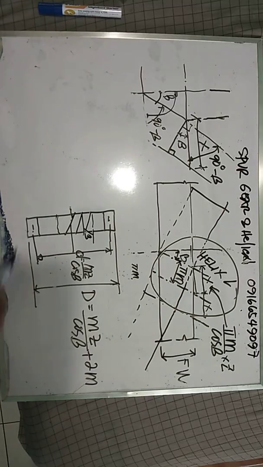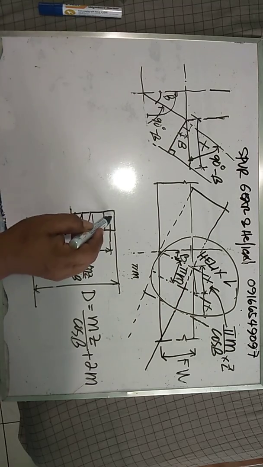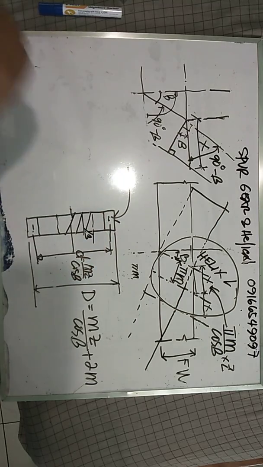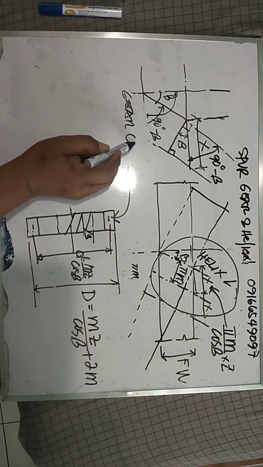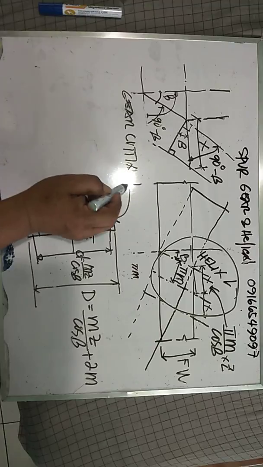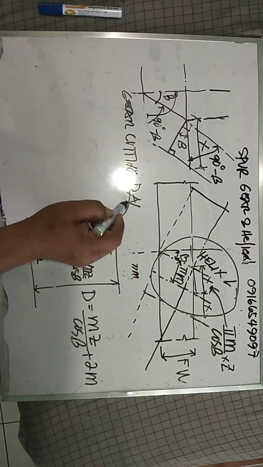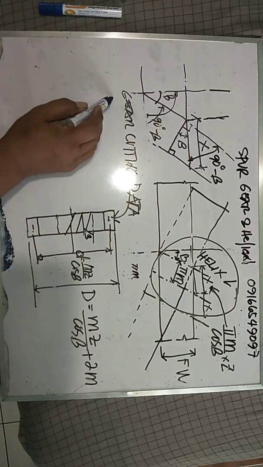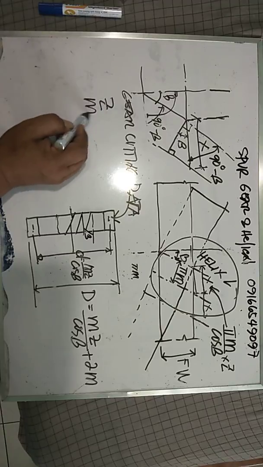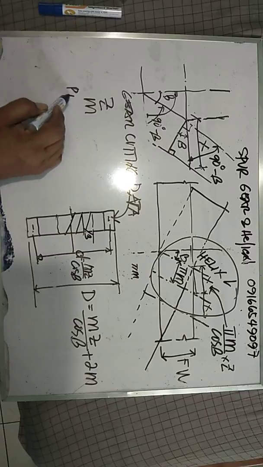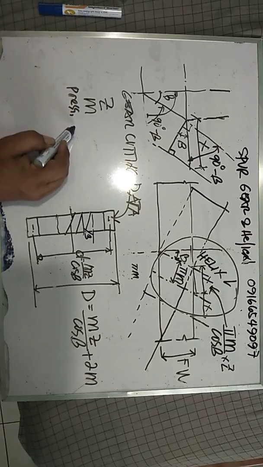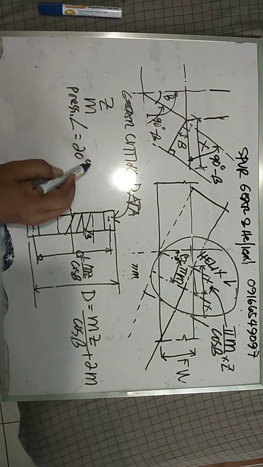Again, in helical gear, you also have to indicate its gear cutting data. You have the number of teeth, the module, and the pressure angle, which is worldwide used, 20 degrees.